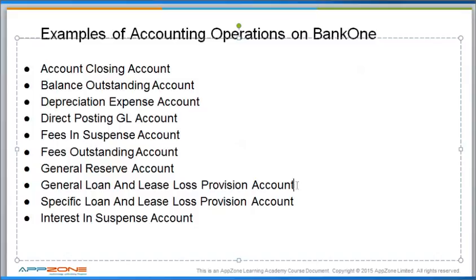So when a provision is made, the regulation expects the bank to make a 1% provision for all its loans that are performing. So once that is done, the system will automatically post the 1% into this account called General Loan and Lease Loss Provision account.